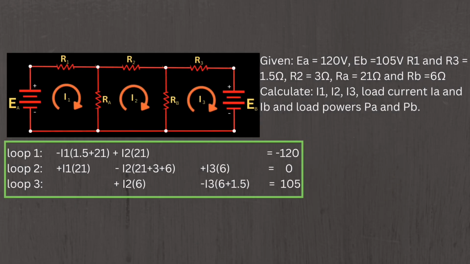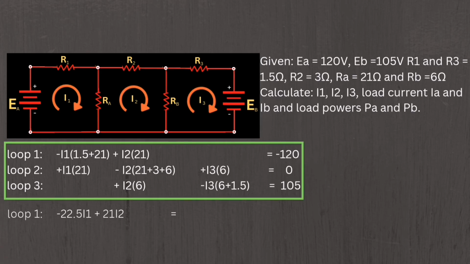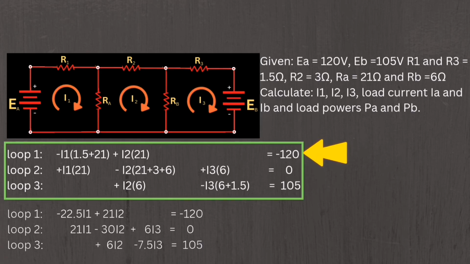Substituting the values in the 3 equations, we will have for loop 1, I1 times quantity 1.5 plus 21, plus I2 times 21, equals minus 120. Simplifying, minus 22.5 I1 plus 21 I2 equals minus 120. Then for loop 2, I1 times 21, minus I2 times quantity 21 plus 3 plus 6, plus I3 times 6, equals 0.